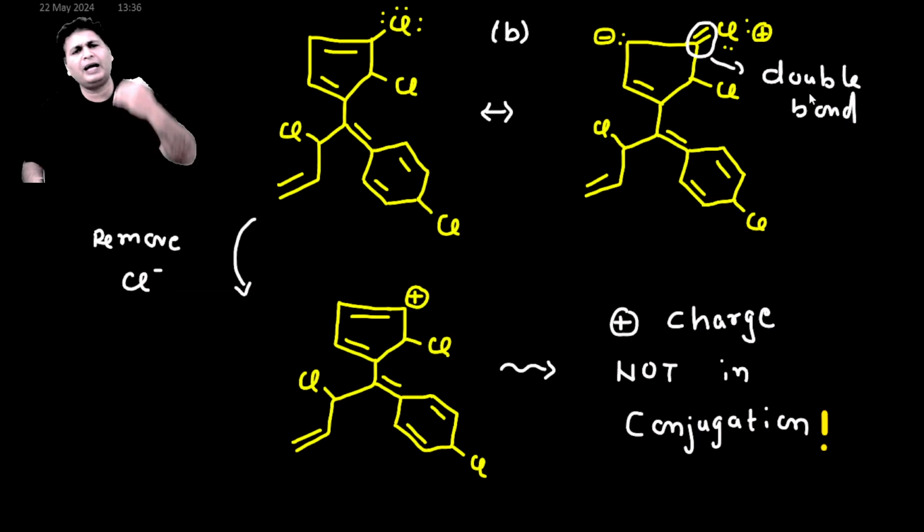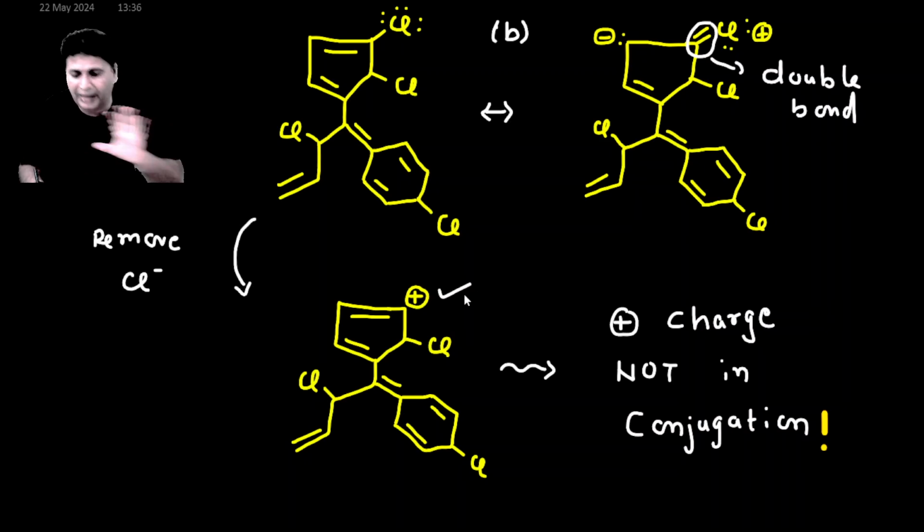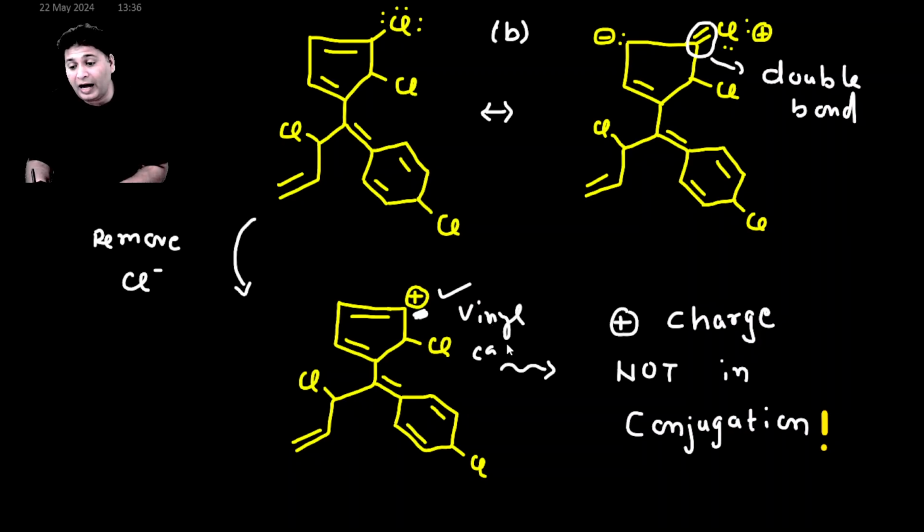Now, for example, if anyhow you had removed that Cl minus, then a plus charge will come, although it is very difficult to remove that. After this plus charge has come on this carbon, you realize this is a vinyl cation, and you will find it unstable.